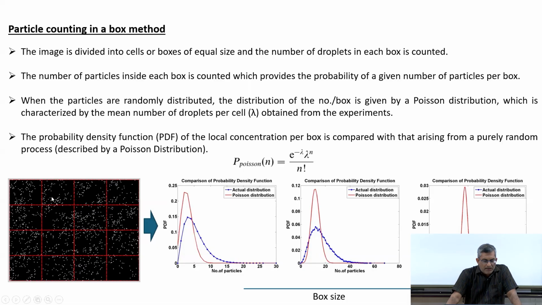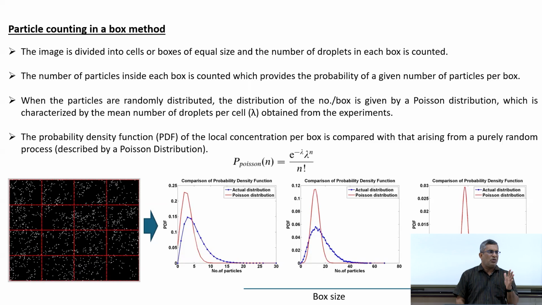Then we count the number of particles in each box and we calculate the probability of a given number of particles per box. It means you count how many particles are there in this box, let us say 20 particles. Similarly, here 25 particles, 70 particles, like this. And then you go on doing this for all the images that you have captured in your ensemble. Your ensemble should have a sufficient number of images, let us say 1000 images, 2000 images.